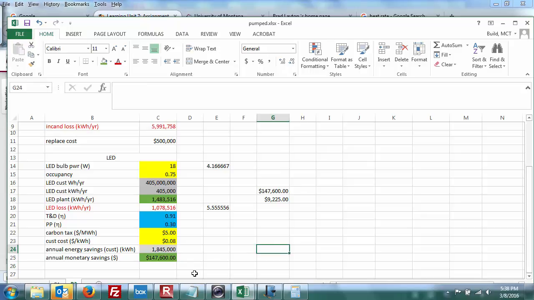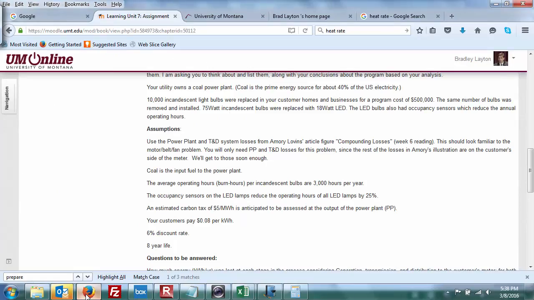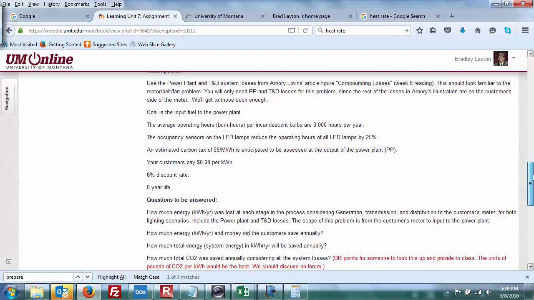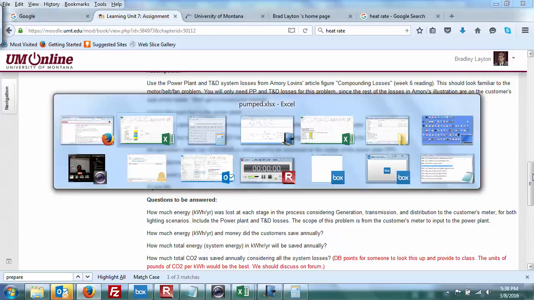Okay. So let's see if we've actually made any progress here or not. How much energy was lost at each stage to the customer's meter?